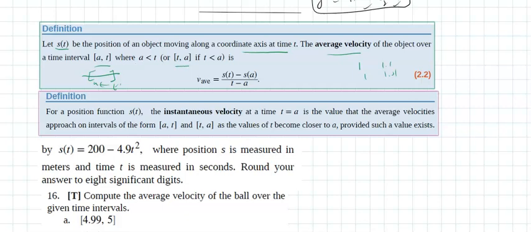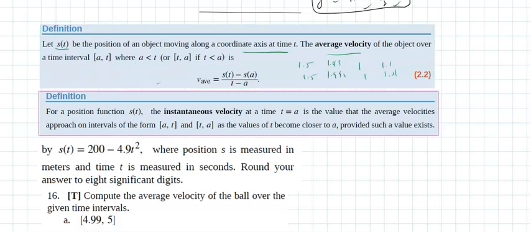Or from t to A. If you want to go from t to A, that's like going from that second problem. We went from 1.5, 1.49, then 1.5 to 1.499, so we're going backwards. So don't let that throw you off.